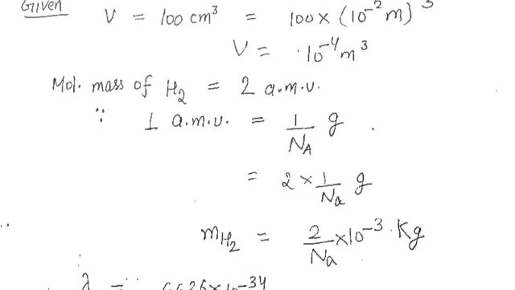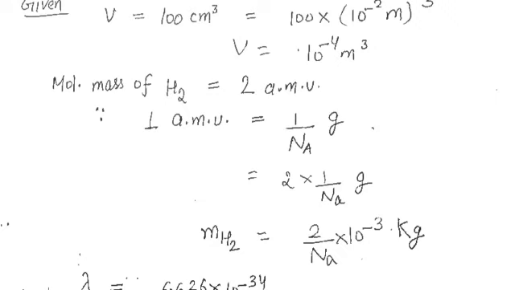And to calculate the mass in kilogram, we know that the molecular mass of H2 is 2 atomic mass units, 2 AMU, and 1 AMU equals 1 upon Na gram, or 10 raised to the power minus 3 upon Na kilogram. So we just need to put 2 into 10 raised to the power minus 3 upon Na, and this will be the mass of H2 in kilogram.